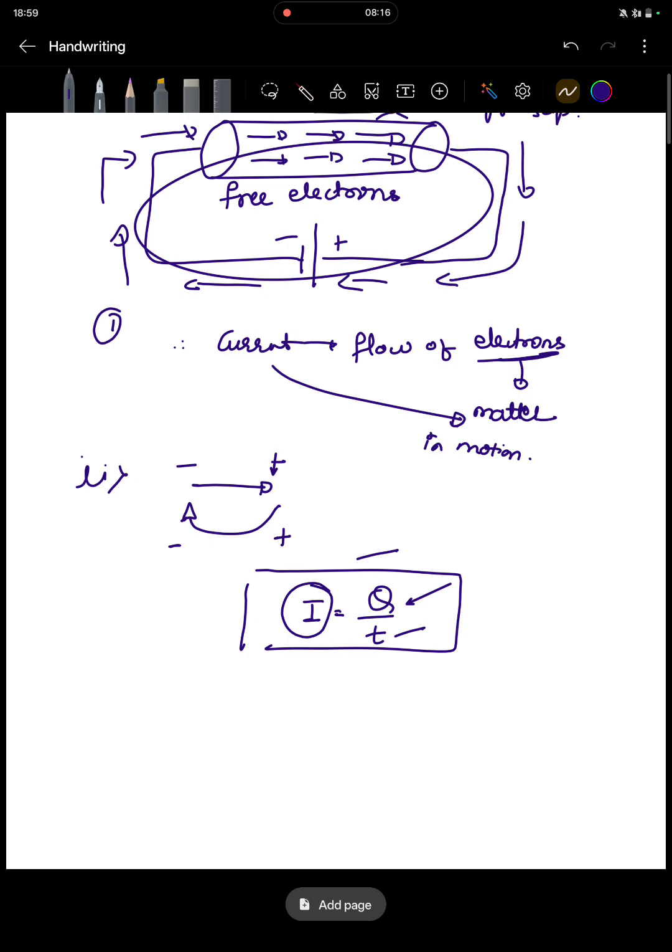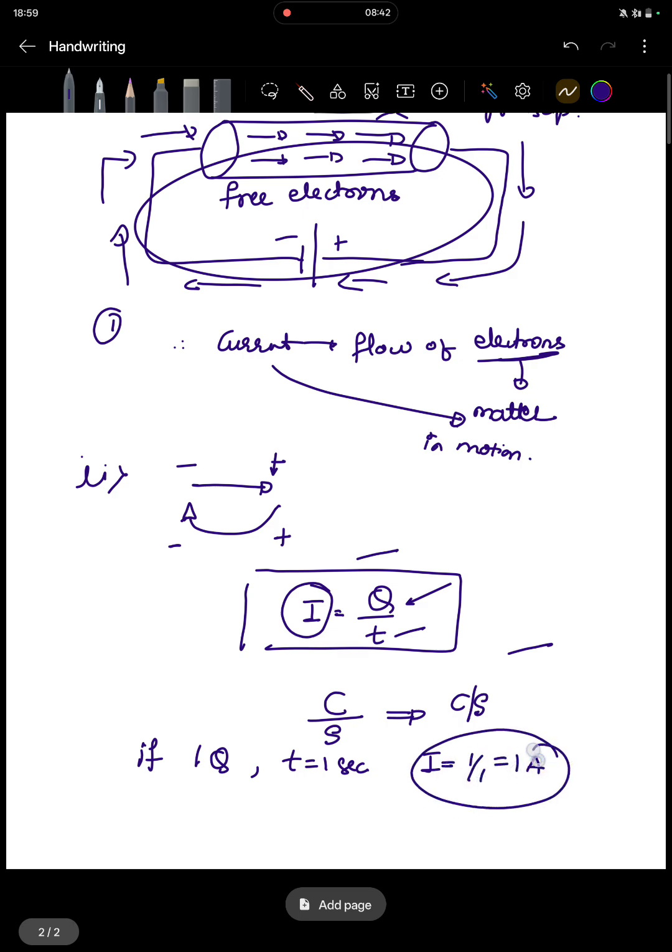The charge Q is measured in coulombs and time in seconds. Therefore, the unit of electric current is coulombs per second. If 1 coulomb of charge flows through the conductor in 1 second, then the current I is equal to 1 ampere.